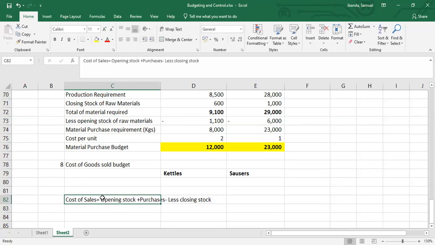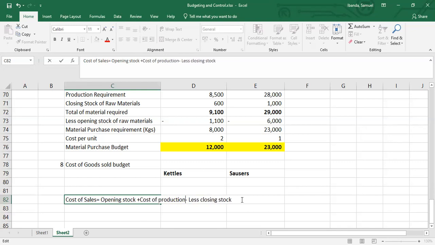Now, when it comes to manufacturing companies, where there is purchase, since we don't purchase finished goods and then resell, but rather produce them, this is replaced by what we call the cost of production.